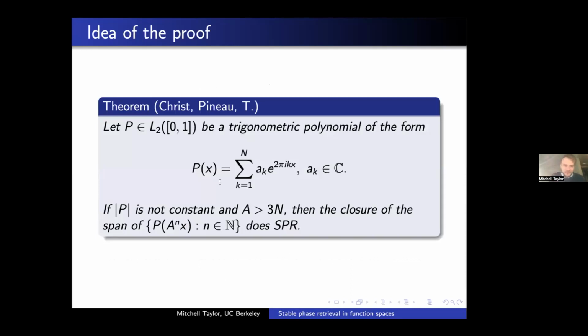Well, in the example, we were looking at trigonometric polynomials. So we were looking at the sum from k equals 1 to n of a_k e^(2 pi i k x). We assumed that the magnitude of p is not constant, and we assumed that we dilated it by a sufficiently lacunary number. How do I verify all the conditions in the last theorem?